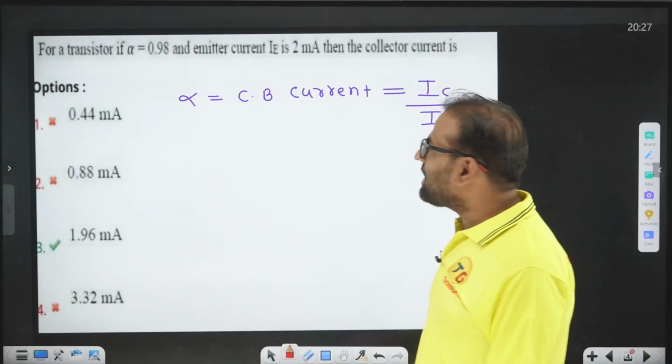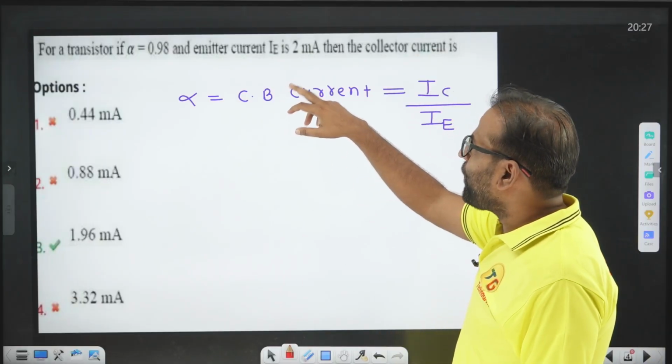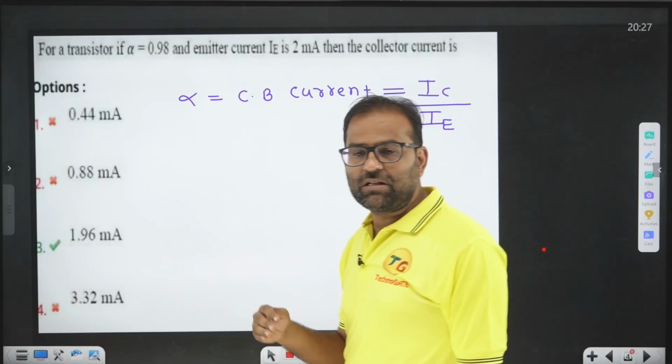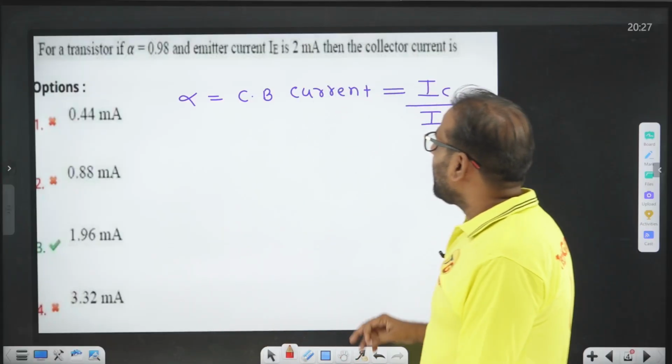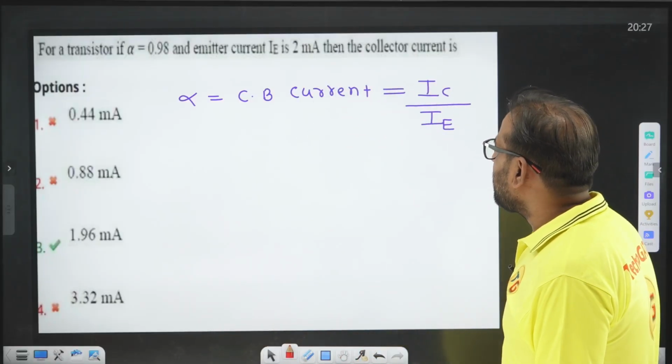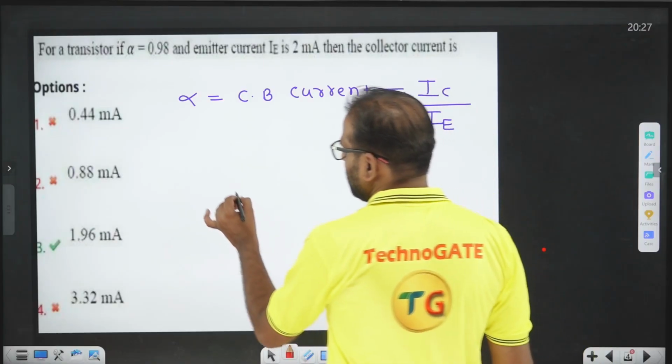Now what else are they saying? If alpha equals 0.98, alpha also represents the fraction of charge carriers reaching the collector. Alpha equals 0.98 and IE equals 2 milliampere. So what is the value of IC?